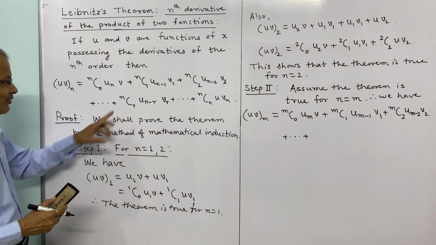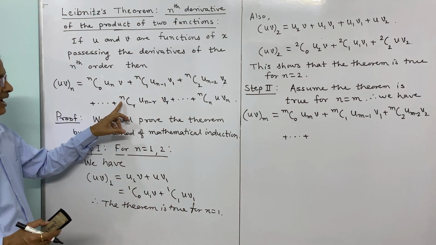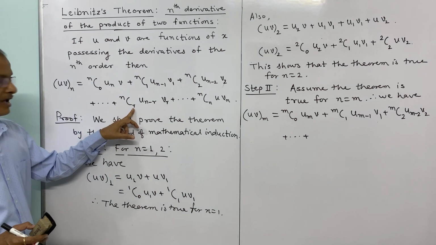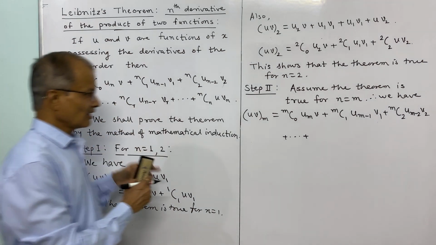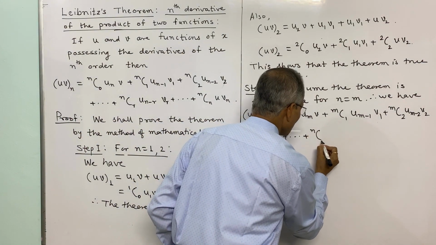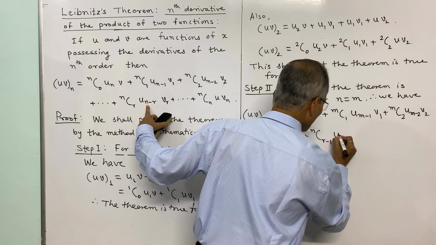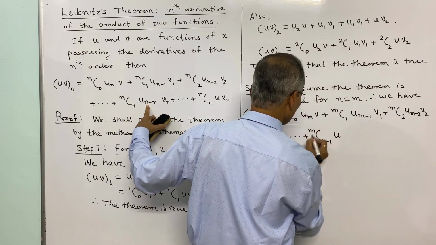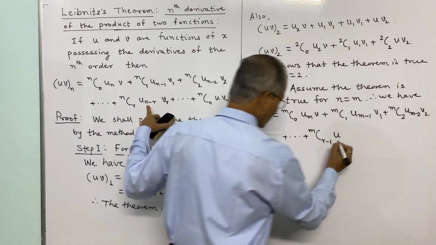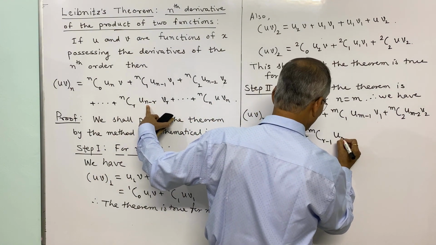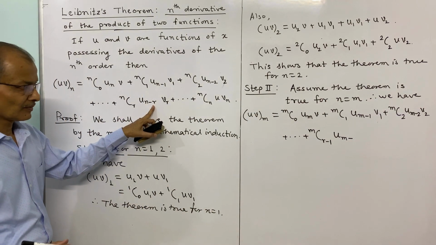Now you can guess what will be the previous term. Here the binomial coefficients are in increasing order of r, and therefore the earlier term to this is n choose r minus 1. And what is this term? Instead of n we have m. The order of the derivative is m minus, and this is r minus 1.